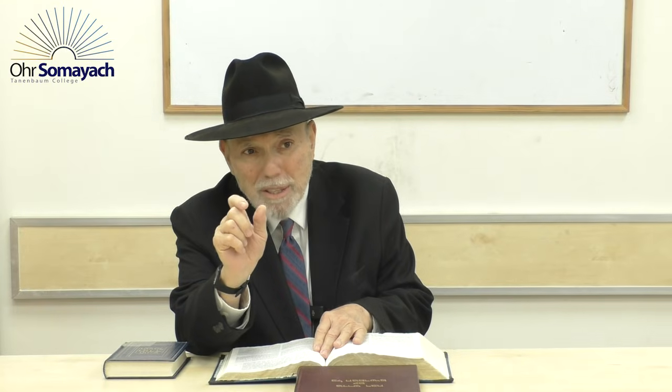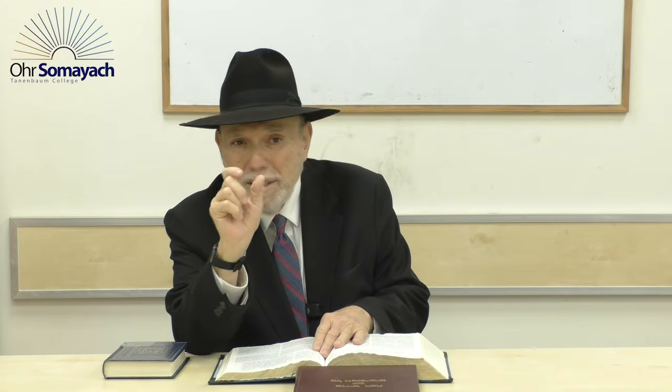Psucha, we explained, means that it starts on its own line, and there are always 9 letters of space. Yud is the smallest letter, so it's 9 yuds. You leave that much empty, and then you start on a new line. That's a psucha. It's open. It has its own line. It starts wherever it wants.